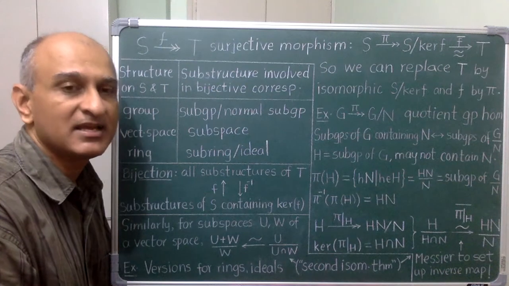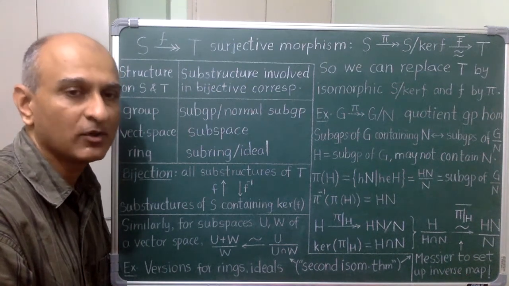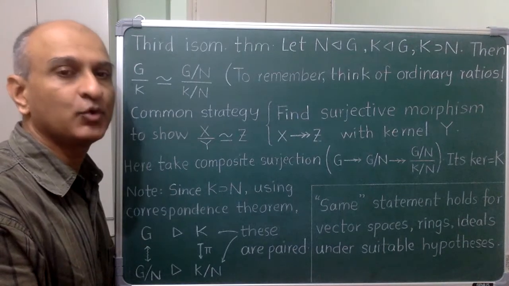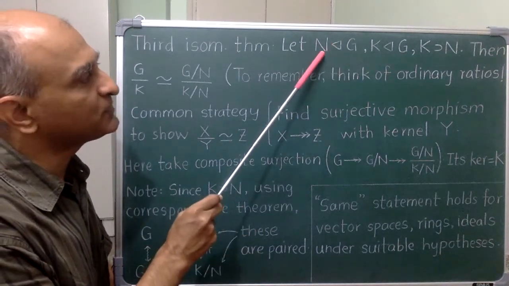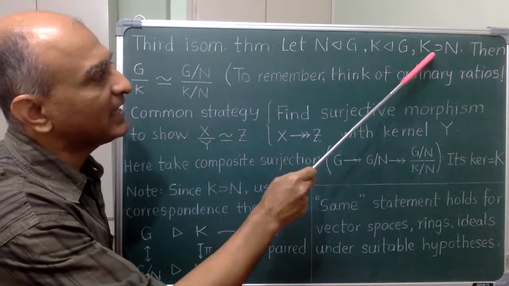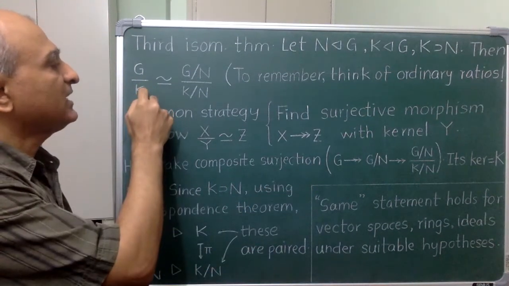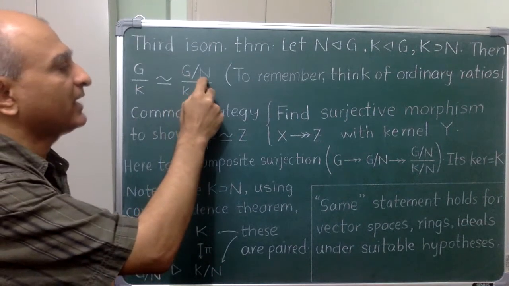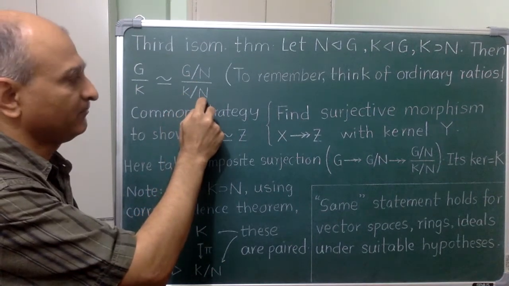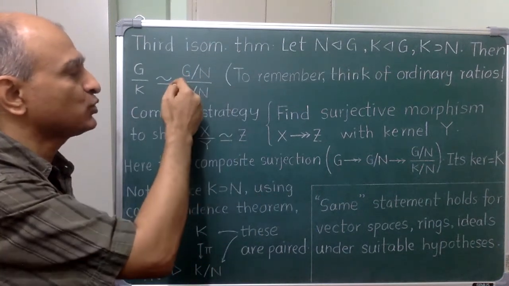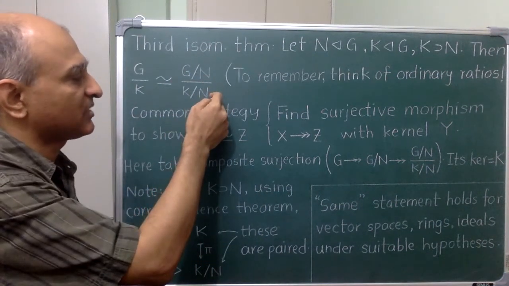And yes, there is a third isomorphism theorem also. We will see that briefly. We are given a group G with normal subgroups N and K with K containing N. I claim that G mod K is isomorphic to G mod N mod K mod N. A way to remember this is to think of this as an ordinary ratio and then N just cancels out.